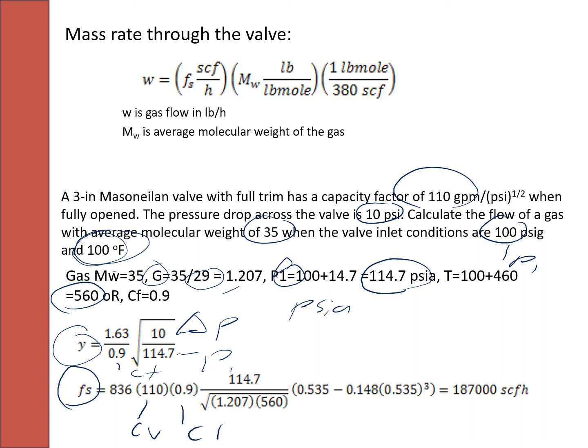This one is CF, this is the specific gravity GF, this is the temperature, this is P1, and this is the value of Y. Y minus 0.148 Y to the power of 3. So your Fs would be 187,000.